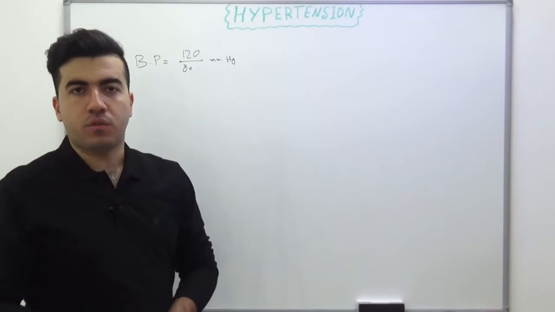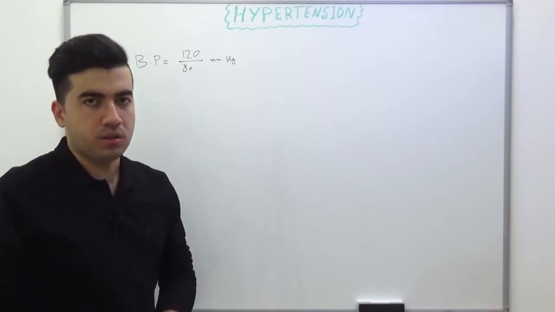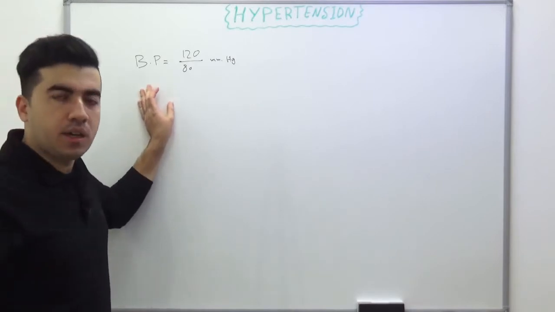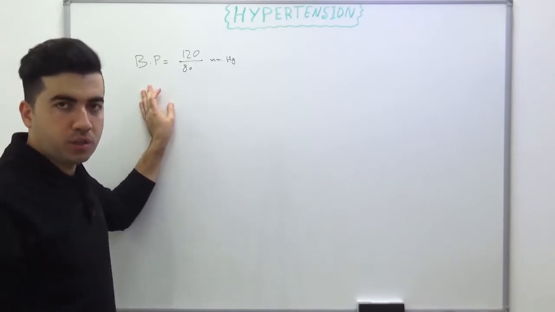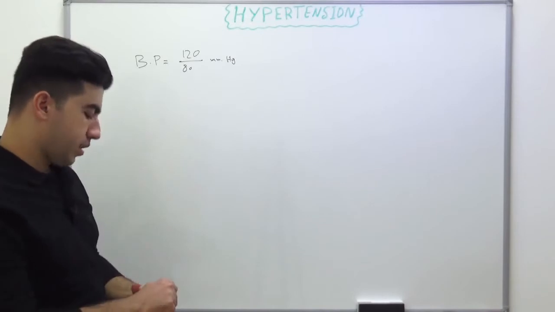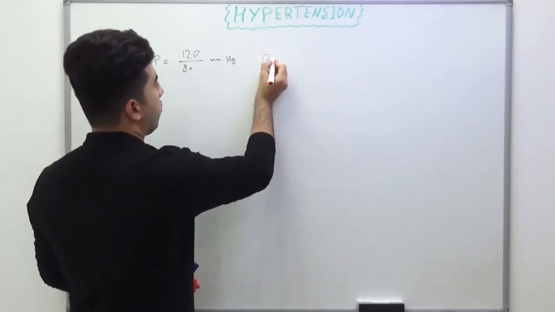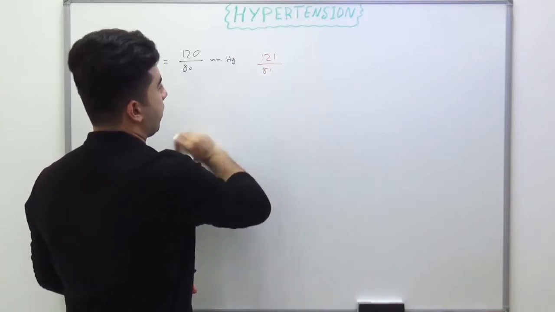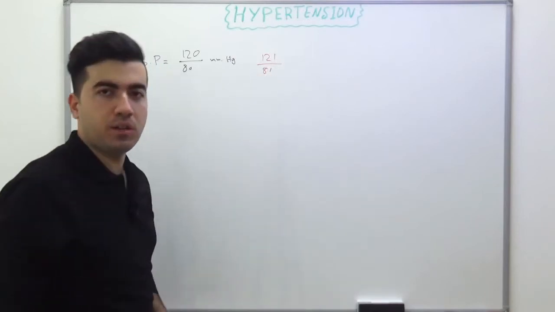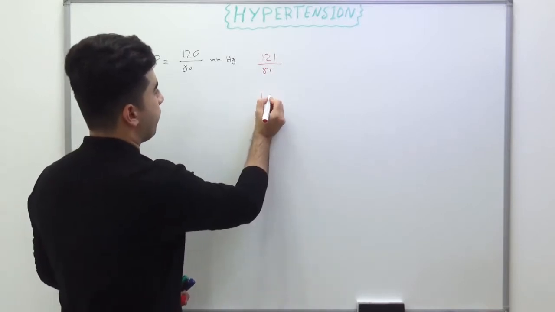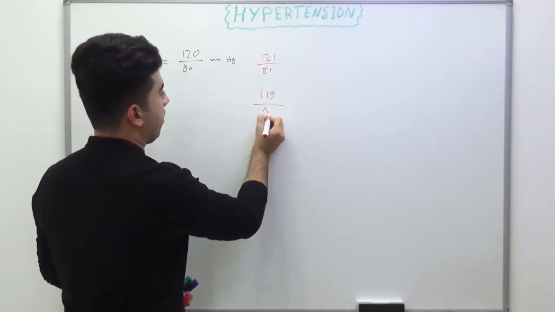But that's not true for all patients or all persons. This is the average blood pressure in a specific population. But for example, should someone who has a blood pressure of 121 over 81 be considered abnormal or hypertensive? Or someone may have a blood pressure of 190 over 79.